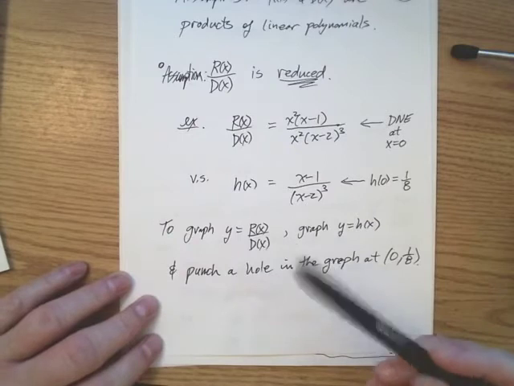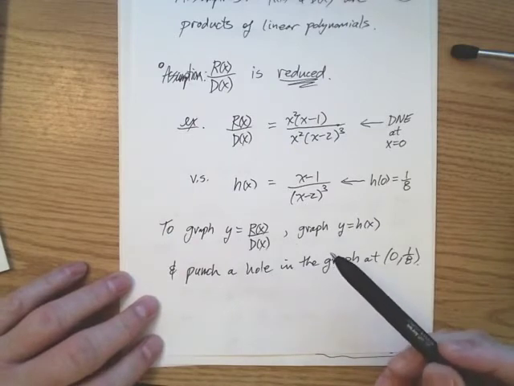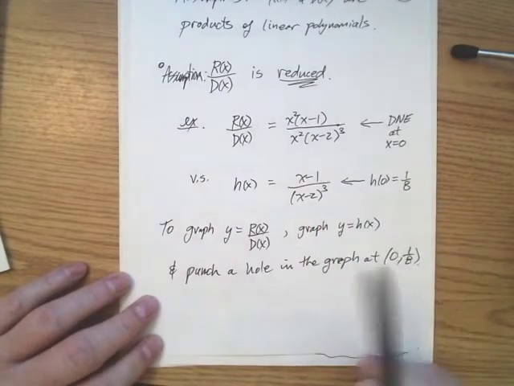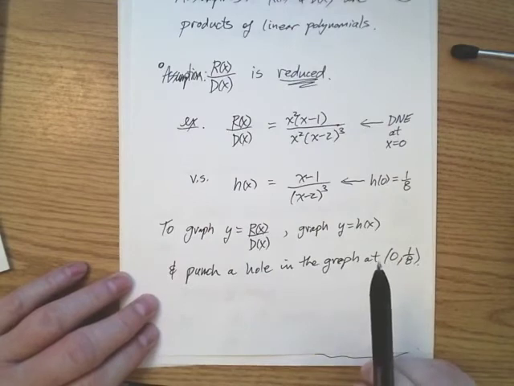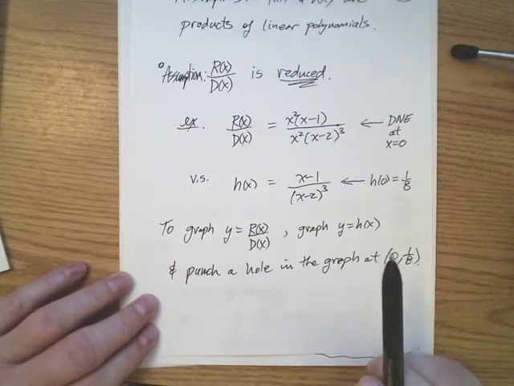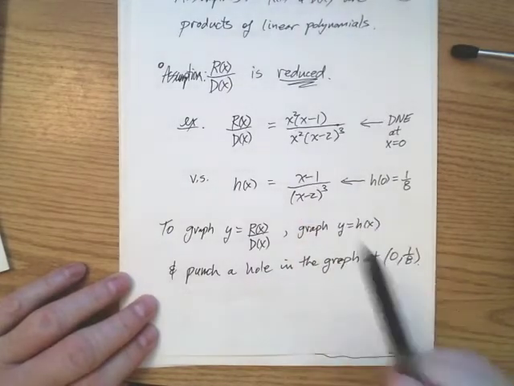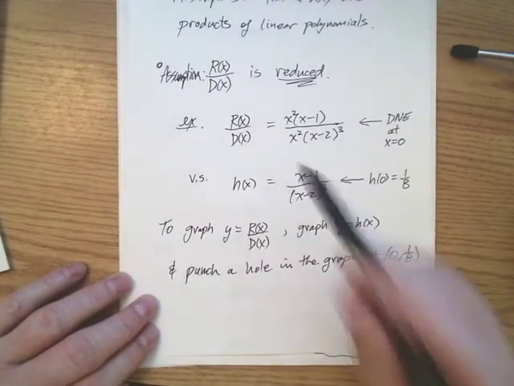However, probably the most natural thing in the world that would occur to you is to cancel the x squareds out here. When you do cancel those x squareds out, you're making an assumption. The assumption is that x is not equal to 0. You can't cancel zeros, but you can cancel non-zeros.